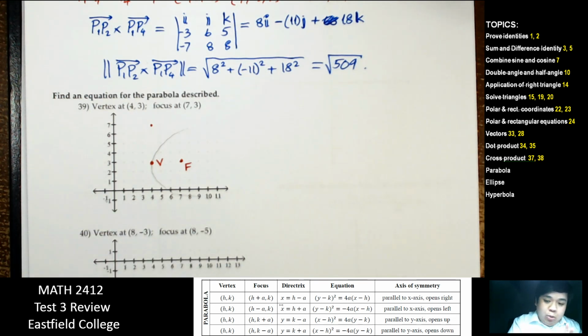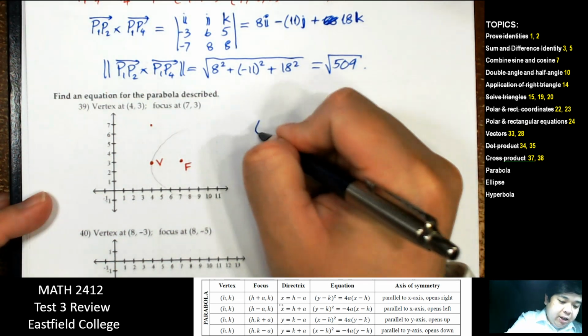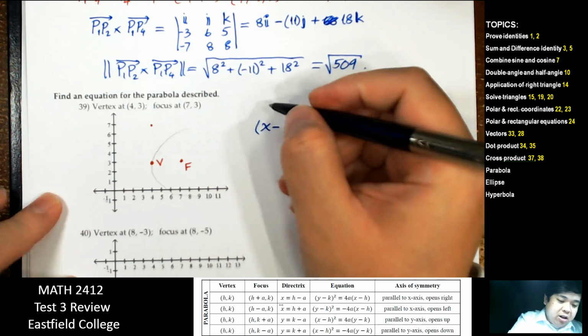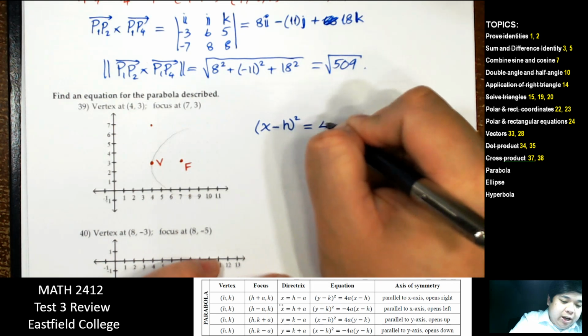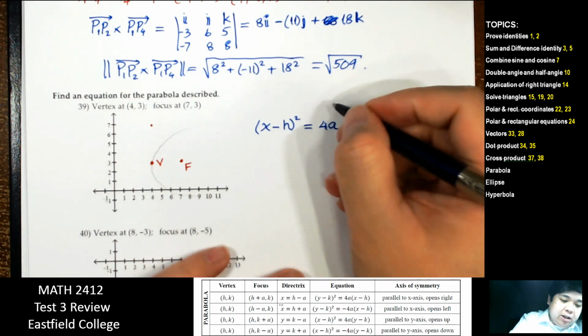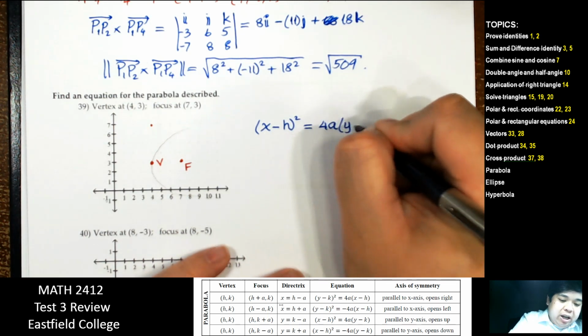This is a parabola that open to the right horizontally. So we will have the form x minus h squared equal to 4a y minus k.